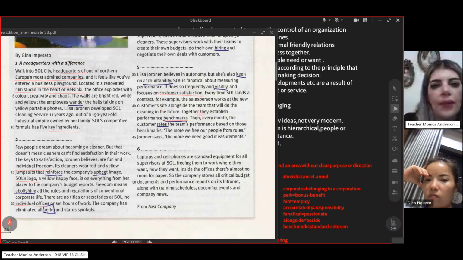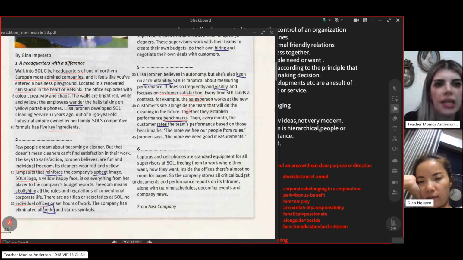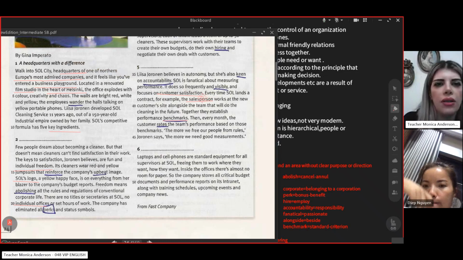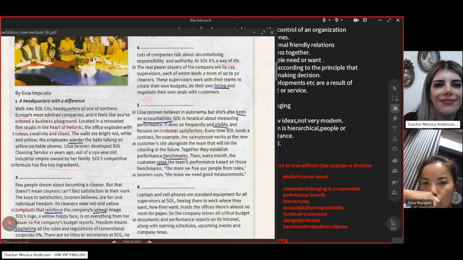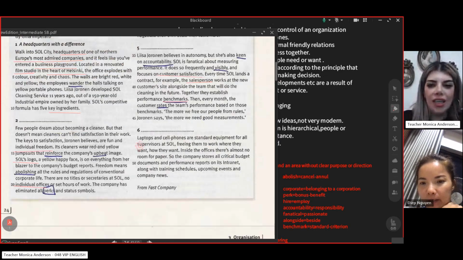And this one, look. Salesperson. Yes, salesperson, of course. And nothing else. I can't see anything else. Well, okay.